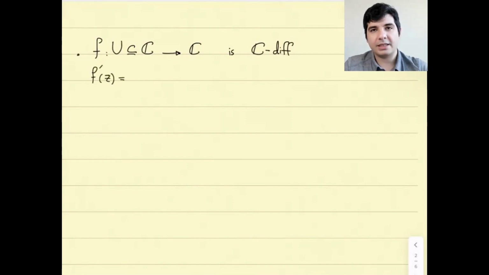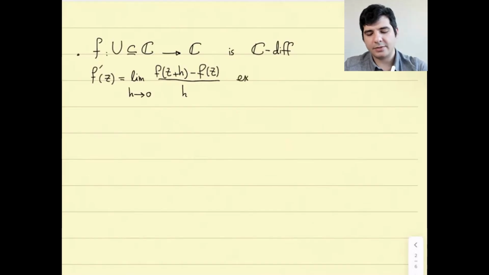If f prime of z, defined via this limit of f of z plus h minus f of z over h, where h goes to 0, exists, we would say f is complex differentiable at z. And if it's complex differentiable at any z in its domain, we would say f is complex differentiable.